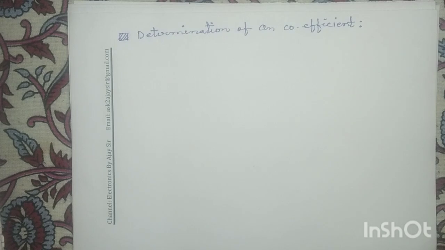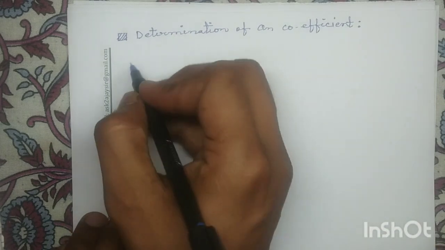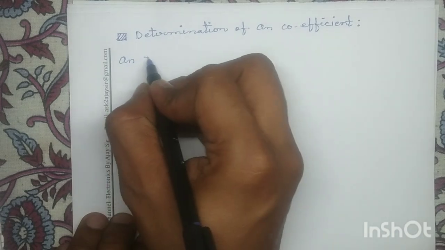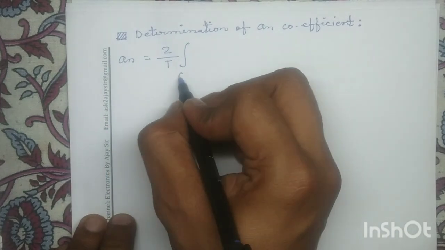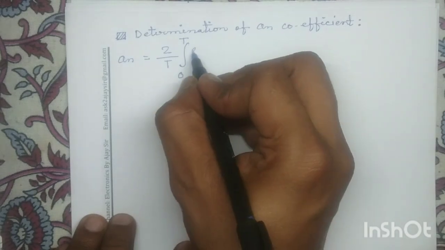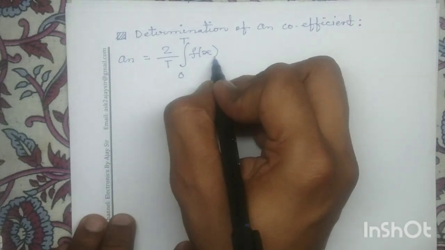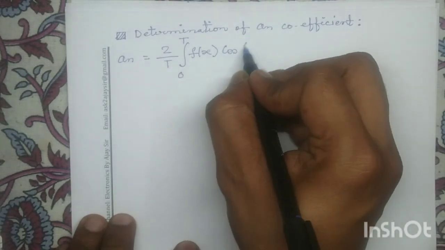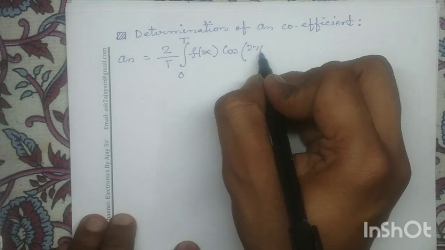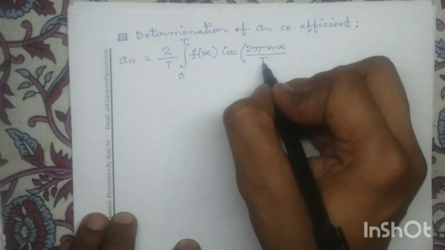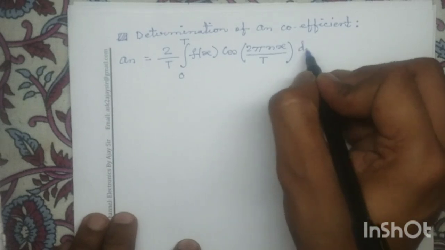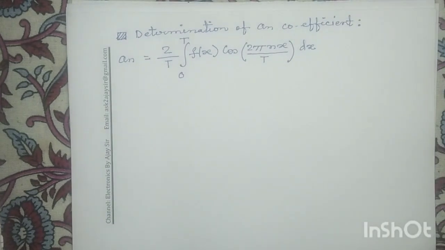Next we will determine the next coefficient, that is an. The mathematical expression of an is 2 by T integration 0 to T f of x cos 2 pi nx by T into dx. We will apply the same procedure.